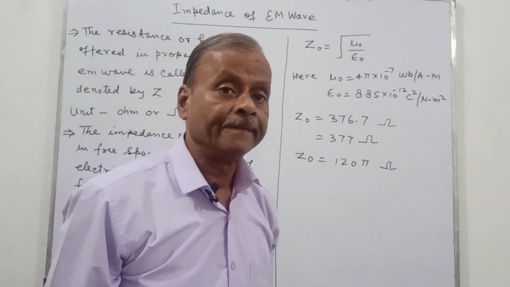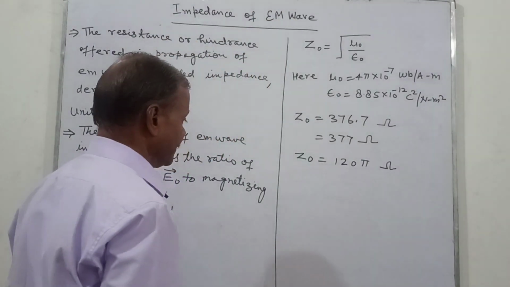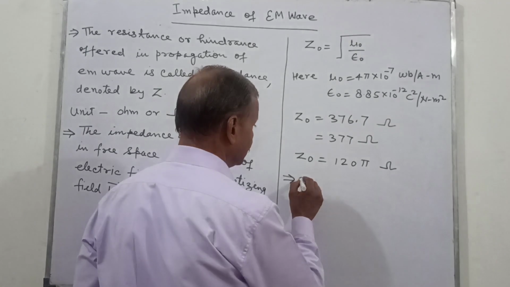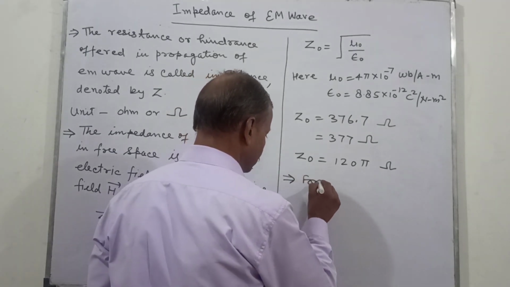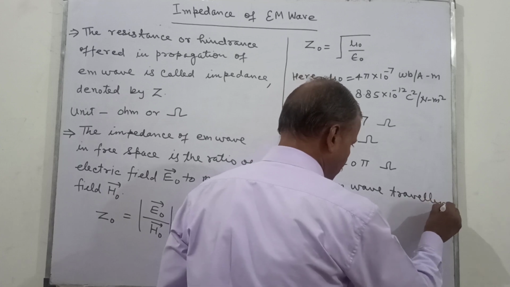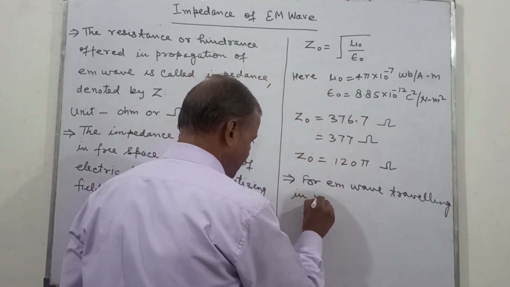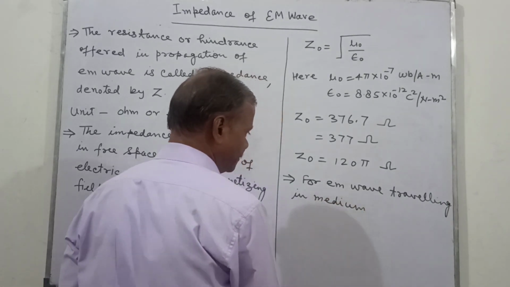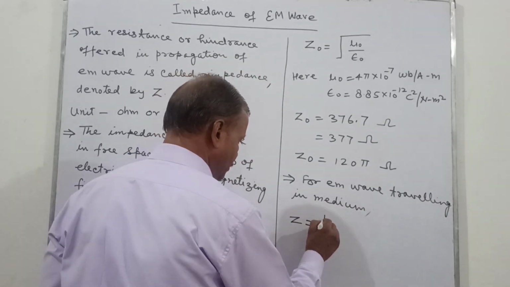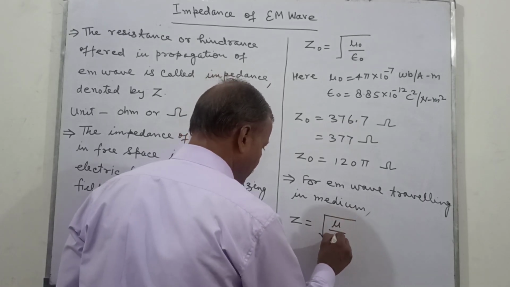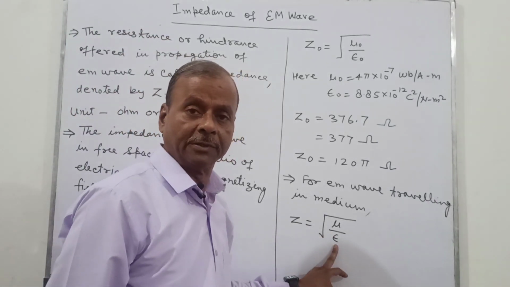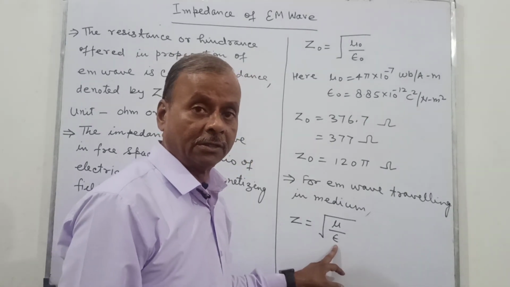But when the wave is traveling in a medium, then the impedance Z equals square root of mu upon epsilon, where mu is the magnetic permeability of the medium and epsilon is the electric permittivity of the medium.